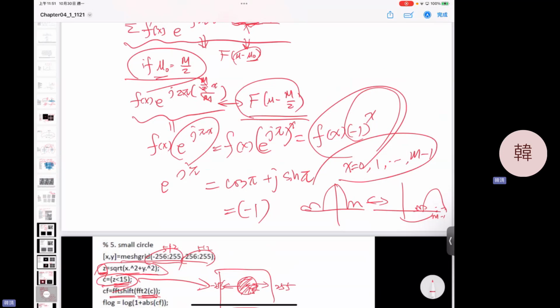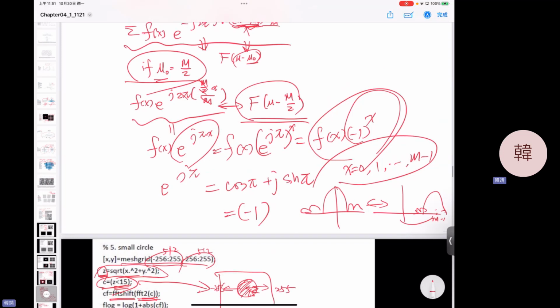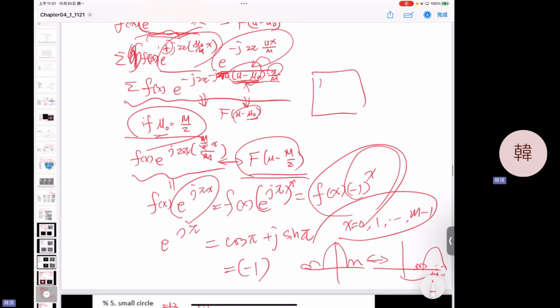What does that mean? The original pixel times minus 1 to the 0 power is 1. The second pixel times minus 1 to the 1 becomes negative. So if your image is 1, 2, 3, 4, the result is a new image: 1, minus 2, 3, minus 4.